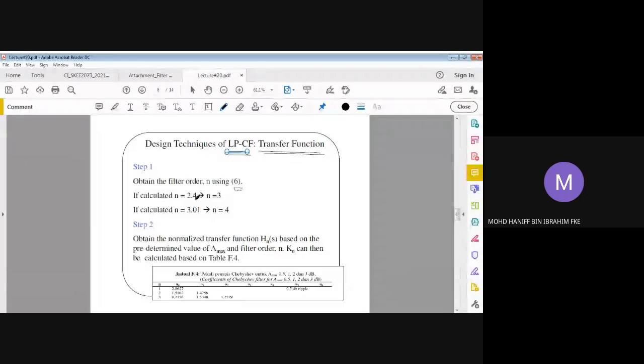If your calculated n is 2.4, you straight away choose n of 3, and the same thing applies if n is 3.01: you should round up further to 4. That is the technique for obtaining the filter order n. The same thing applies, I believe, for the Butterworth filter that we have seen previously. So that's the first step, which is to calculate the filter order n.